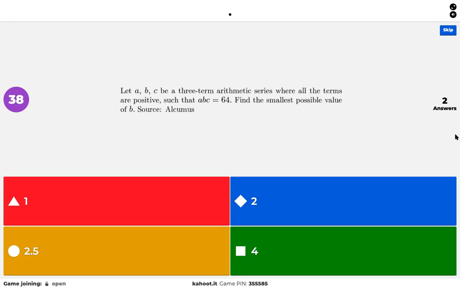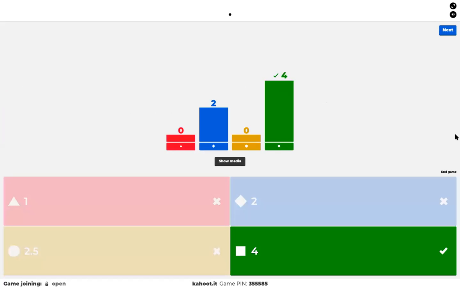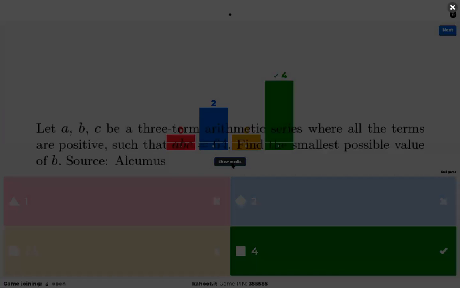This is another AMGM problem, by the way. All right, so the minimum value is 4.